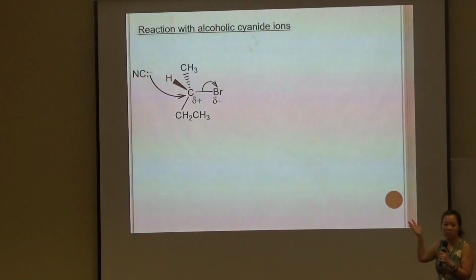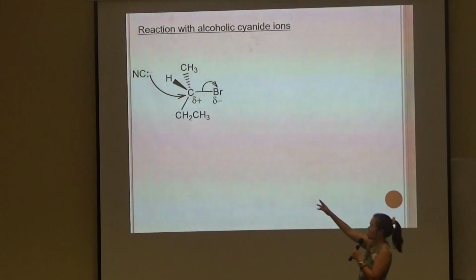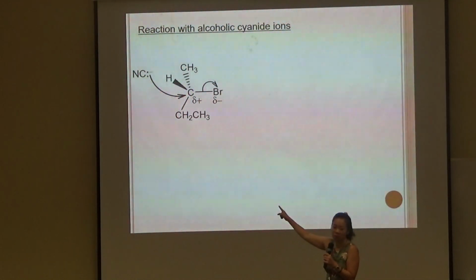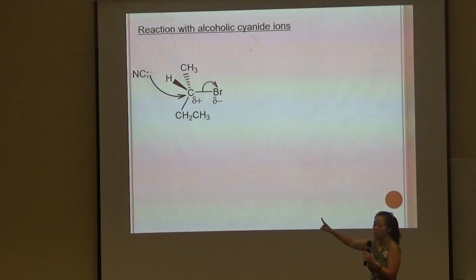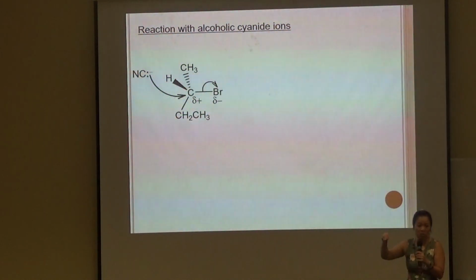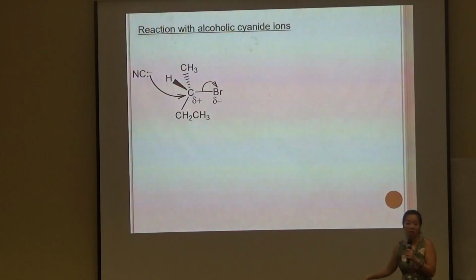Because the Br is delta negative, how come it will still go there? This flow of electrons here is triggered because the nucleophile attacks your carbon. Carbon can only have 4 bonds. The moment your nucleophile attacks carbon, it is in a situation of 5 bonds. So it will get rid of 1. And so that's why you trigger the second arrow. Is that okay?